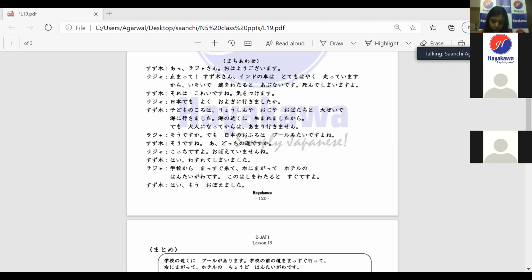So when I was a kid, with my parents, ryoshin is parents, or my uncle or my aunt, with many people or with a big crowd, I used to go to the beach, to the sea.